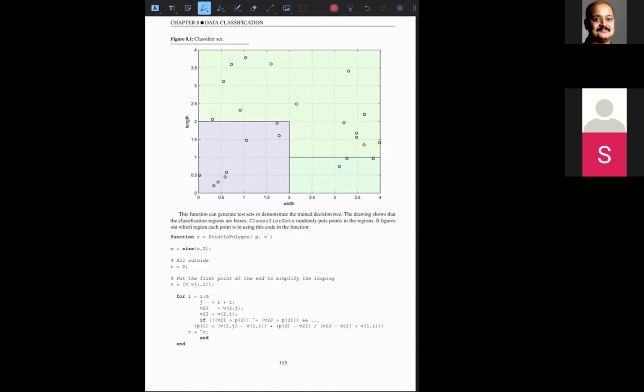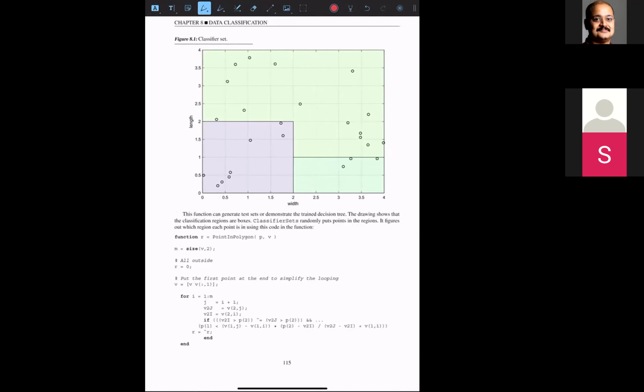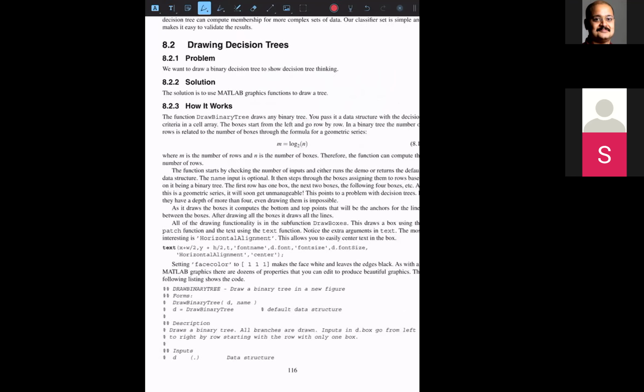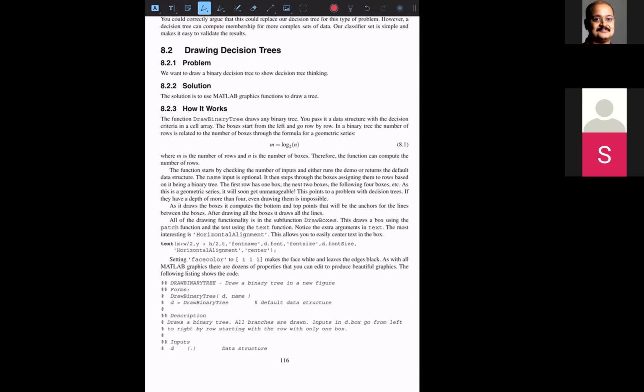And the next part is you can implement some sort of separating function, and then you can look at how to draw the decision trees. If you were to look at binary decision trees, like 0 or 1 type of decision tree, that code is given as draw binary tree.